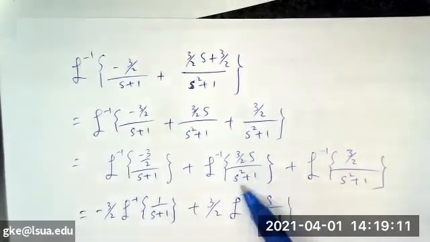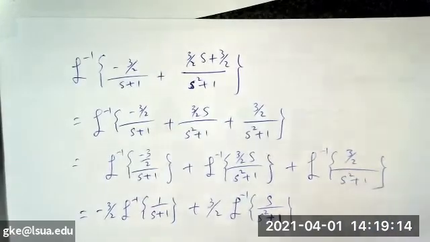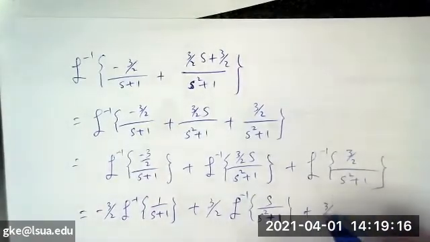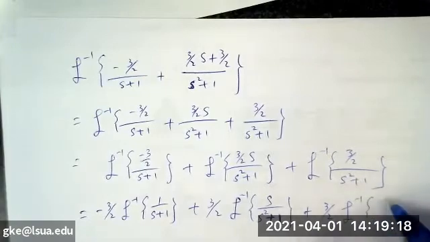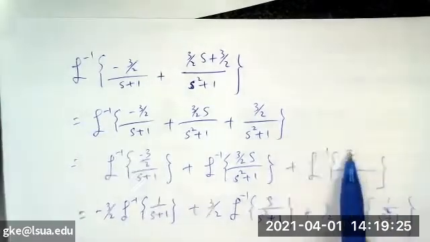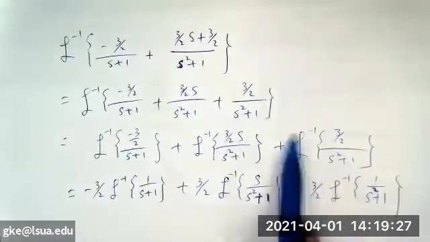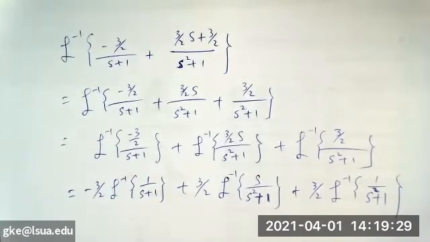We can put 3/2 outside. And for this term, from the formula we can see we can just keep this term. We can put the 3/2 constant out of the inverse transform.